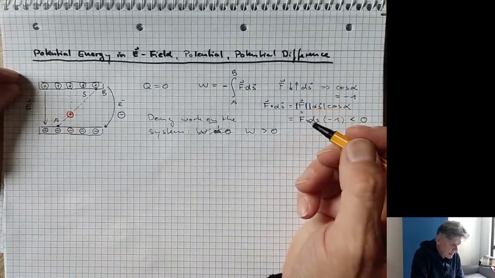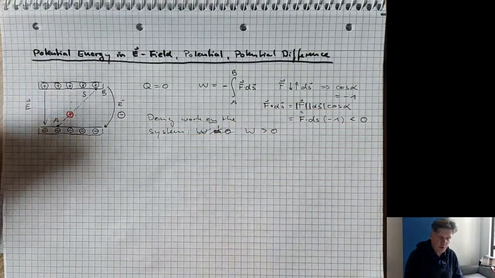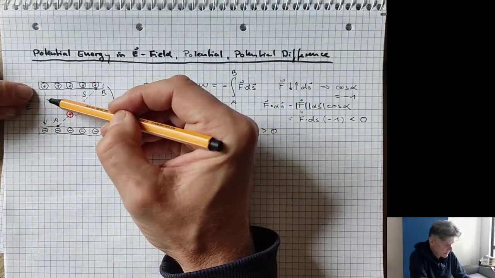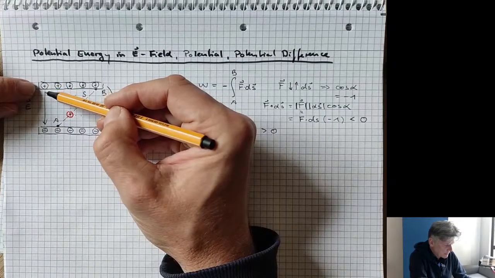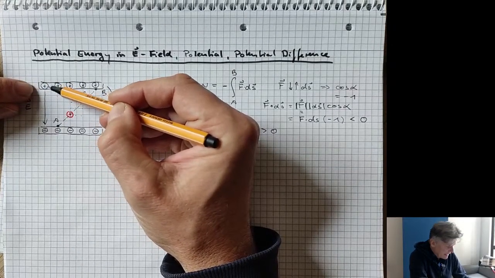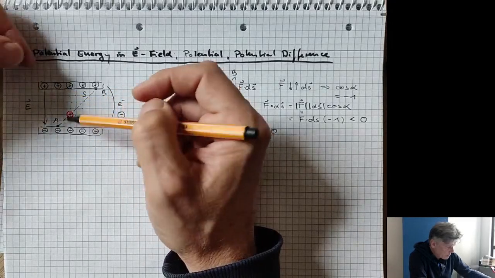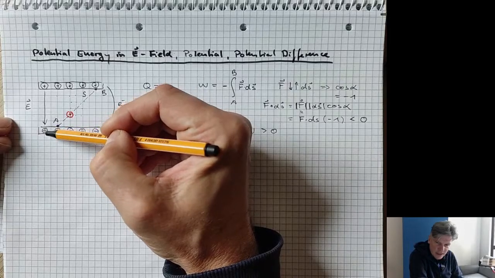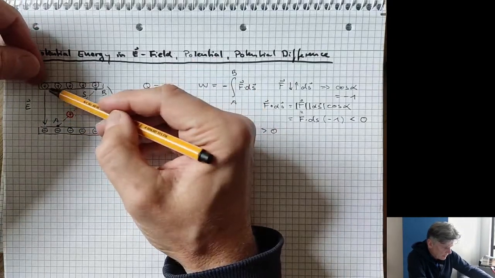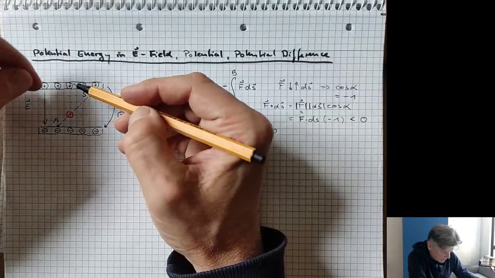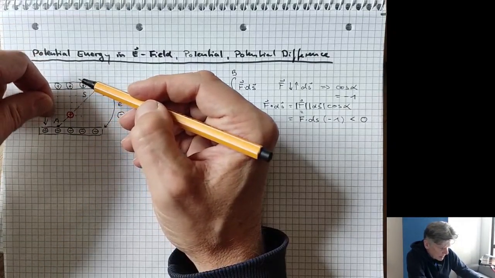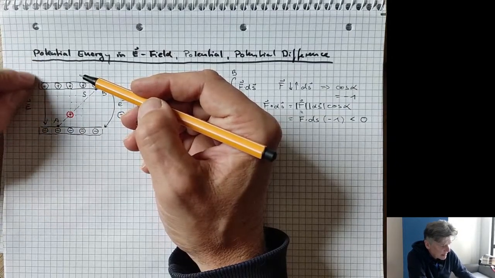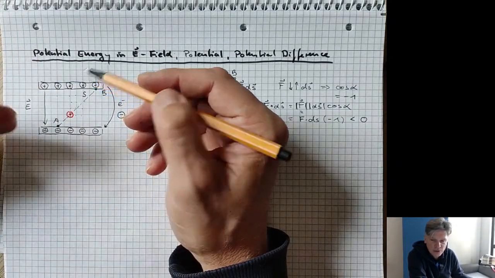If the work is done by the system, so for example, when you release now, let's say a positive particle from this plate, charged metal plate, it would be repelled by this positive charge, and it would be attracted by this negative charge here. So then this potential energy, which it basically in fact would have, would then be transformed to a kinetic energy, and then the system releases energy, and the work which is then done by the system is counted negative.